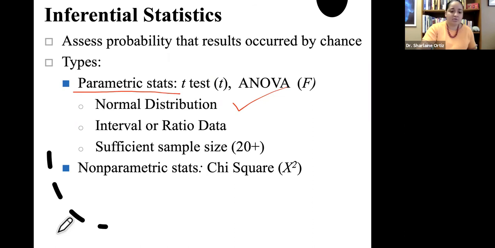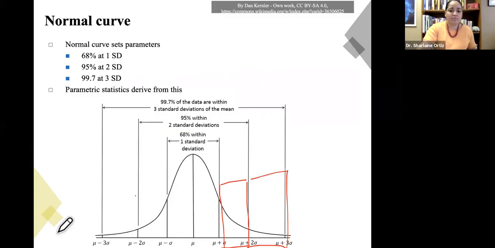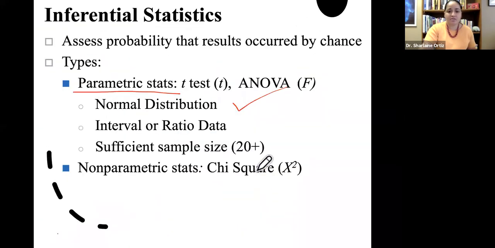So basically, one of the first things that we have to assume is that the data would look like your normal curve, right? It will look like your normal bell shape, and that it is not skewed from one side to the other. So that's one of the first assumptions that we need to meet, that this data is indeed normally distributed.